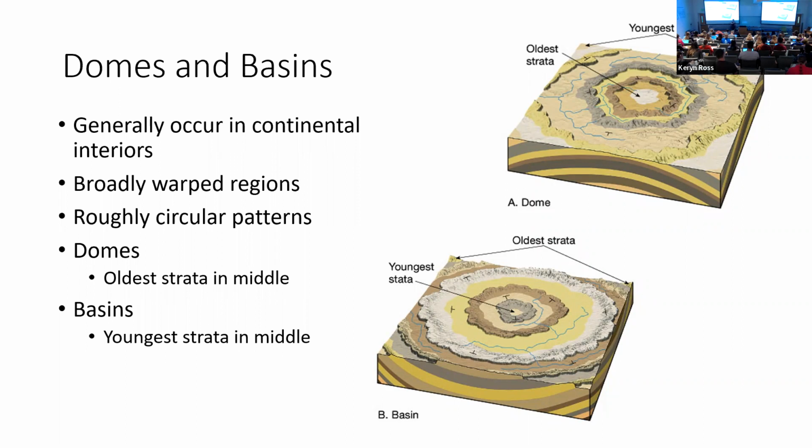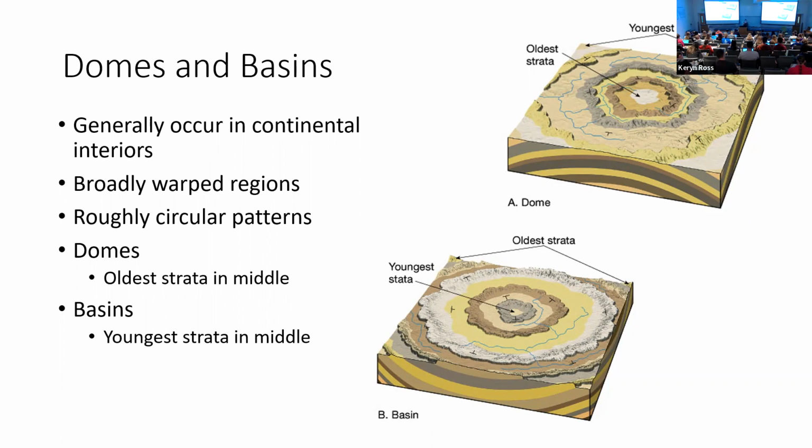It's not very steep or anything like that, really broad areas, and they make these roughly circular patterns. Usually you will see anticlines and synclines closer to wherever the compression is happening, and then farther away, you're going to see these domes and basins. That means it's a more gentle stress that's hitting it.